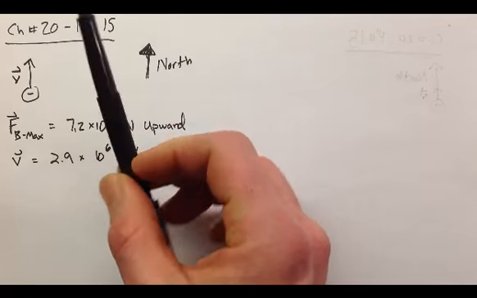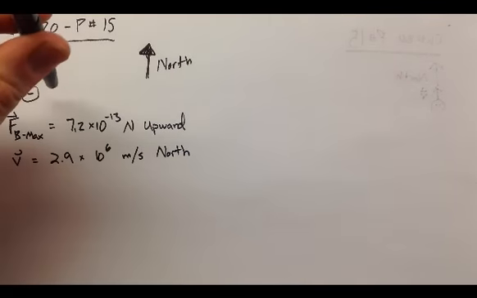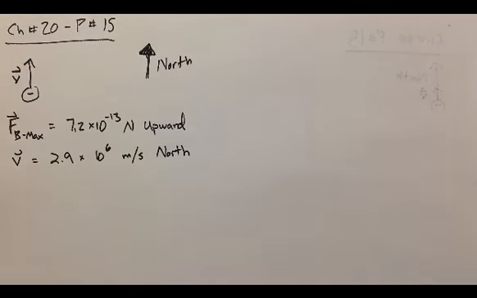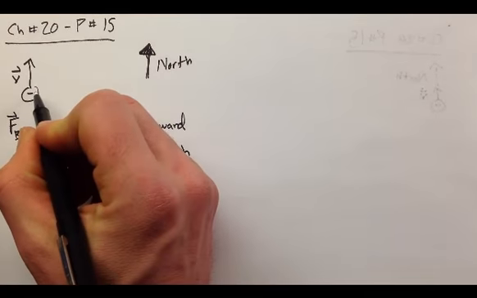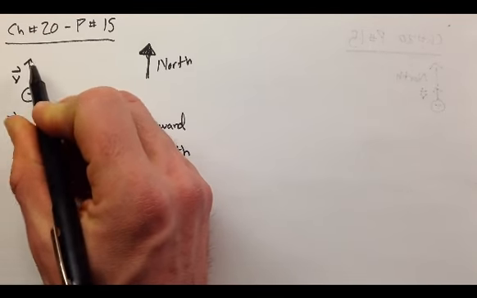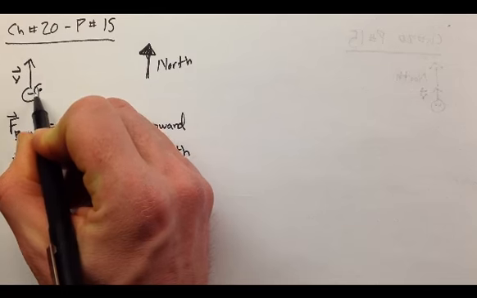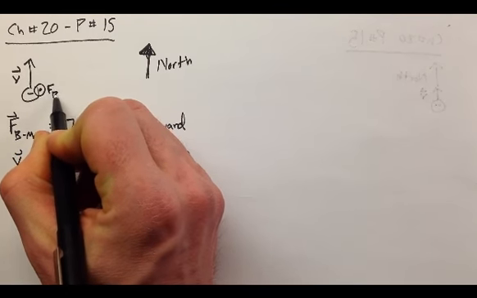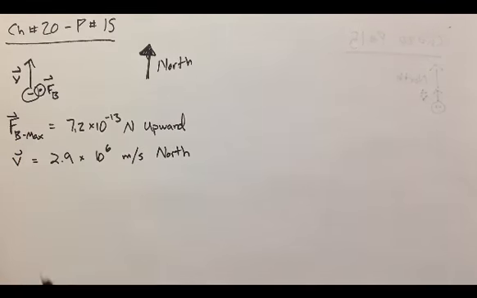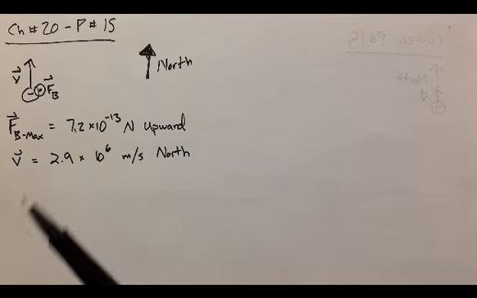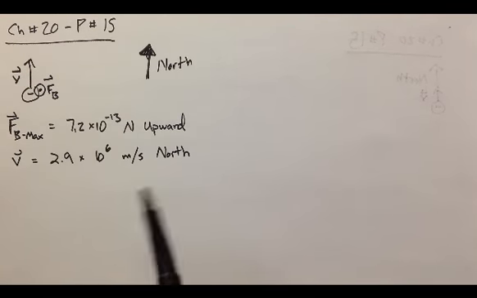In this drawing, we're assuming the force is coming out of the page. Here's my electron. It's moving north, but the force due to the magnetic field is up out of the page, or coming straight at you.